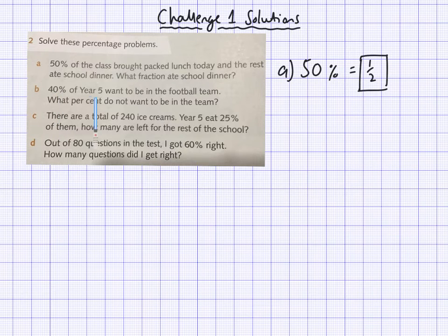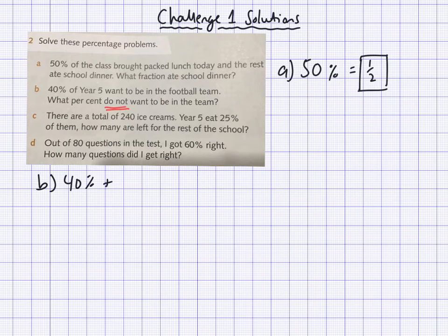B says 40% of year 5 want to be in the football team. What percent do not want to be in the football team? So I'm going to just underline that to make sure that I remember what it is I'm actually being asked. Well, if 40% do want to be in the team, that means 60% don't want to be in the team, because 40 and 60 make 100.